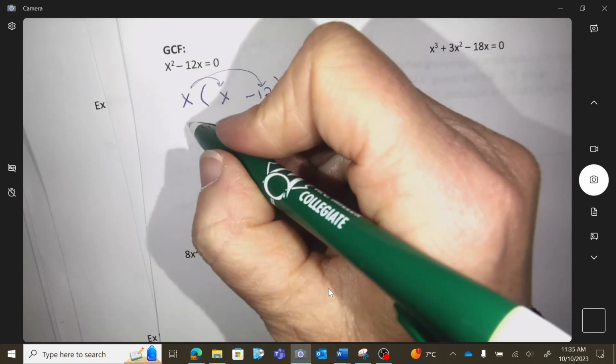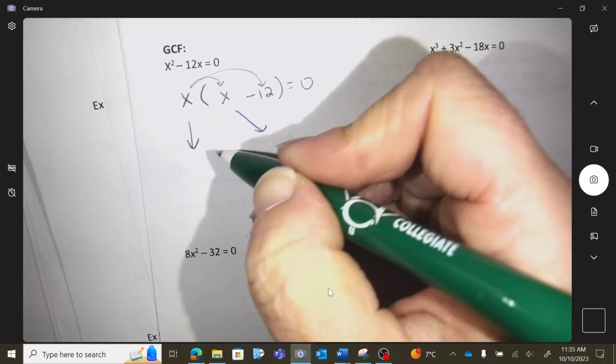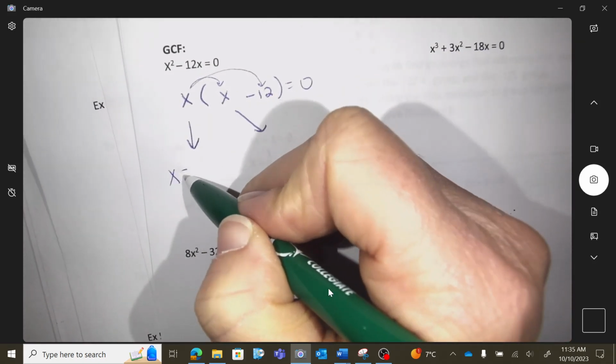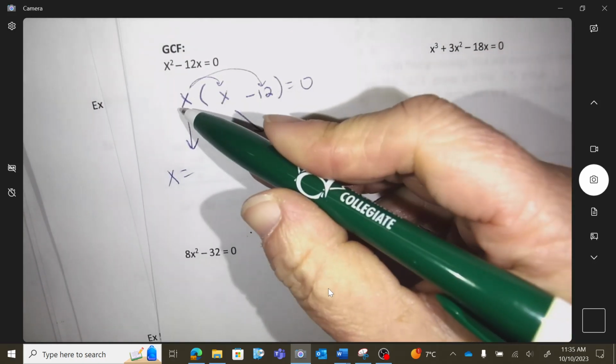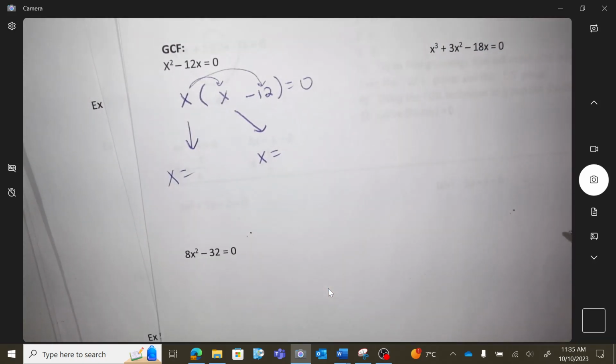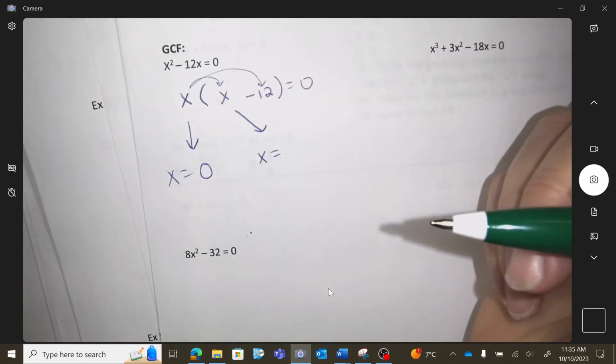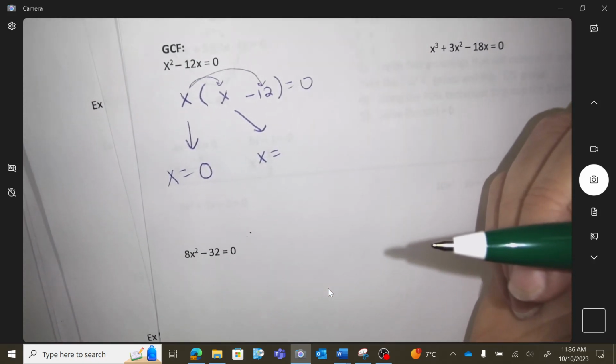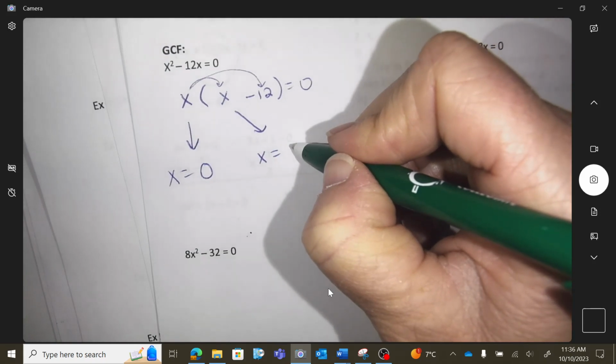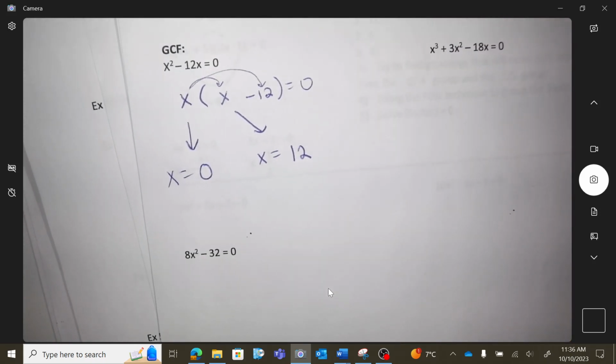Okay, so on this one, there's an x here, so what would x have to equal in order for that factor to be 0? Did you pick 0? If x was 0, that number would be 0. And if x was 12.